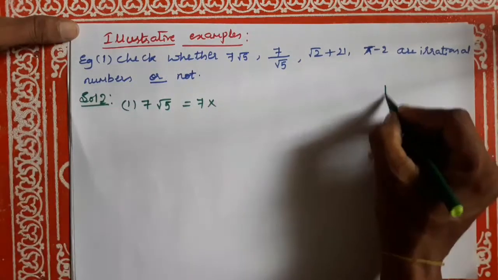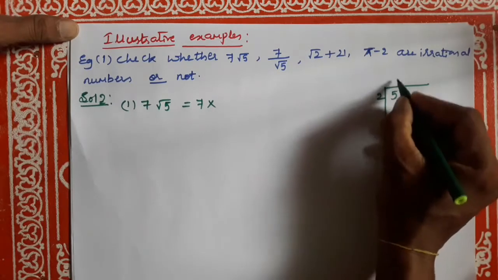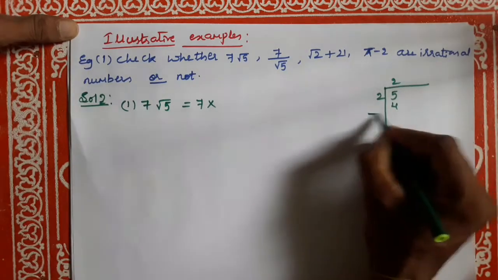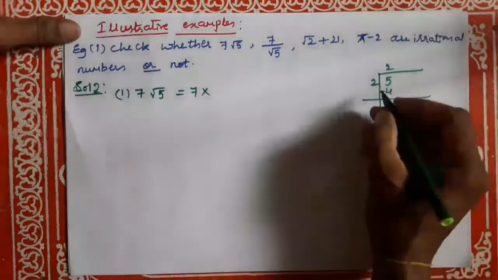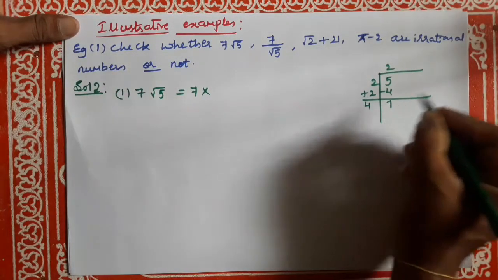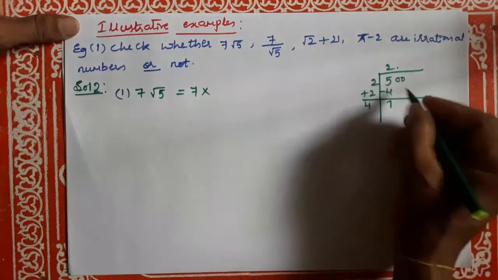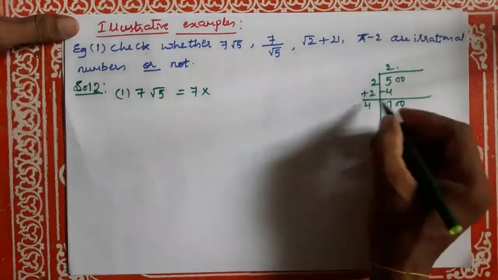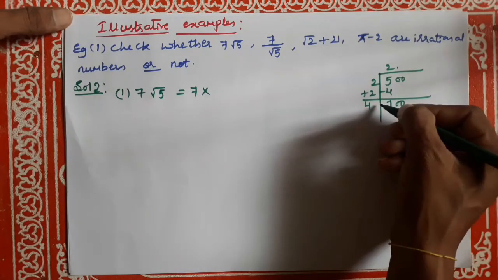You know how to find the square root of 5. 2 2s are 4, 5 minus 4 is 1. Double the quotient, 2 plus 2 is equal to 4. Take here double 0. Next, take one digit and multiply it by the same digit.